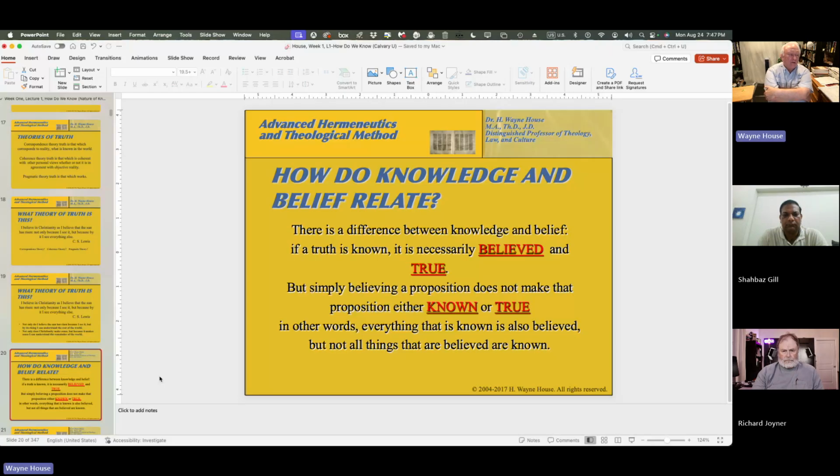So everything that's known is also believed. You can't get to the knowing without the belief. But not all things that are believed are known. That is, you haven't come through a process to get to a conclusion.